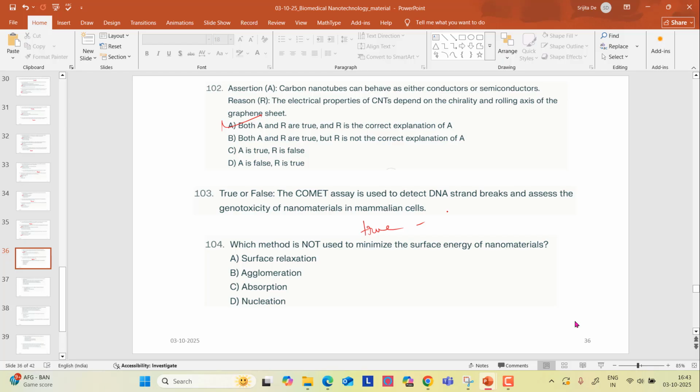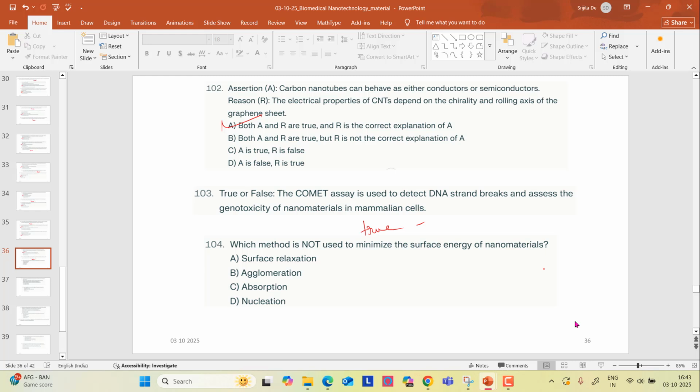Which method is not used to minimize the surface energy of nanomaterials? Agglomeration. In agglomeration, what happens? The particles come together because they don't repel each other anymore.